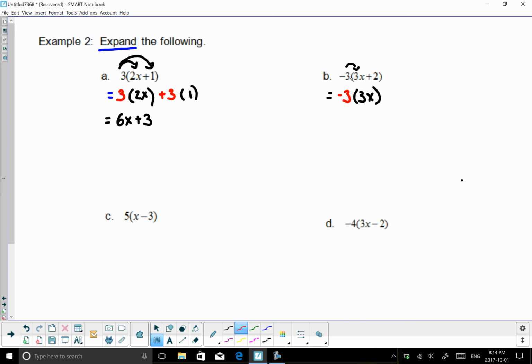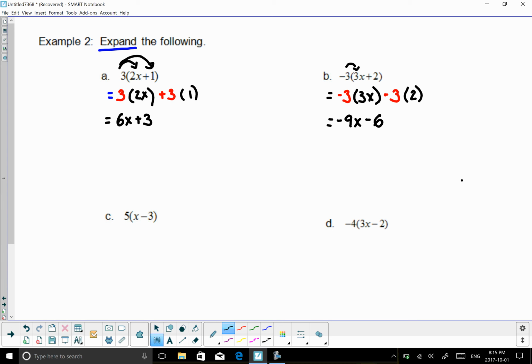And then again, negative 3 times 2. So remember, your integer rules are important here. A negative times a positive is still a negative. So it's negative, and 3 times 3 is 9. And then negative 3 times 2, so negative times a positive is a negative. So it's negative 6. And that's my answer.